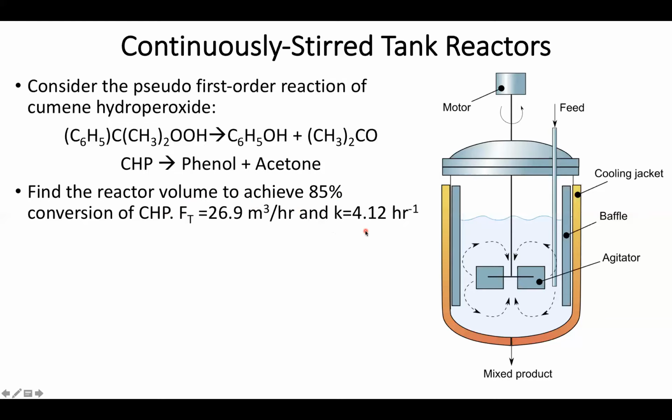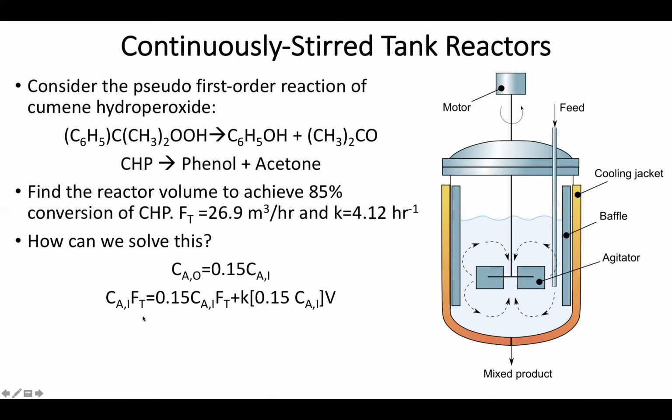So how can I solve for the volume that will drive this percent conversion? Well, in this case, we can make use of the fact that if I have an 85% conversion, it means that the concentration of CHP in my output is going to be 0.15 of whatever got added in. So from there, we make use of our mass balance.